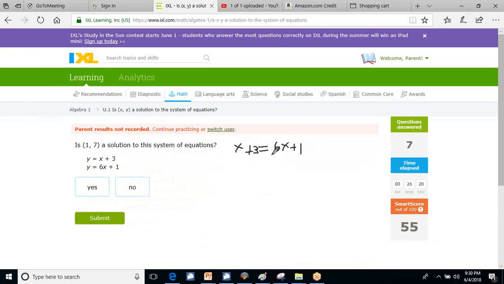Okay, so we keep the letters on one side and the numbers on the other side. So take this x to the right hand side, and if you carry it over, it's going to be minus x. We carry all the numbers over here. This is a plus 3, and then you move this 1 to this side, so it becomes minus 1.